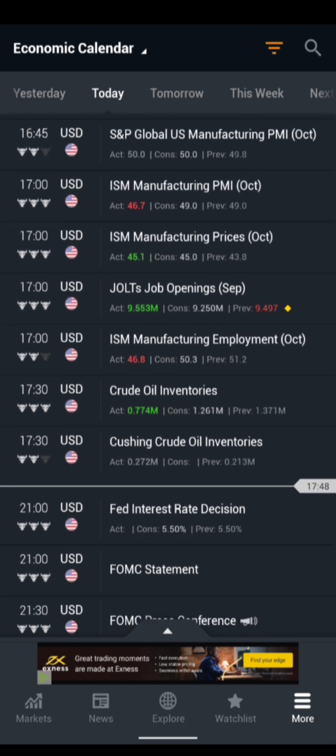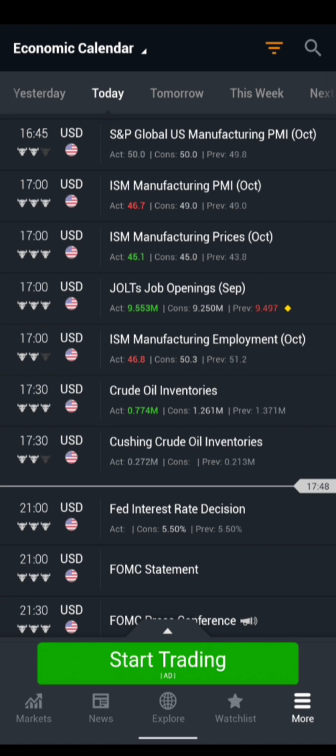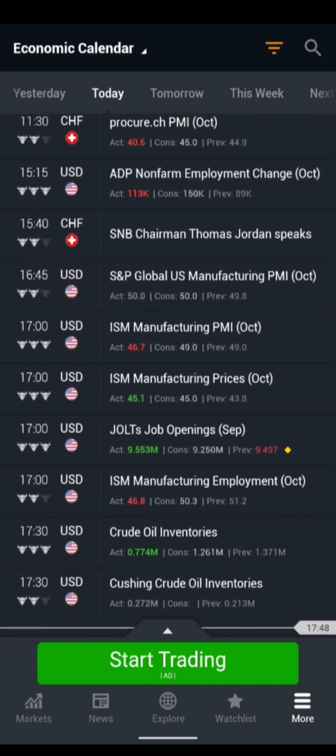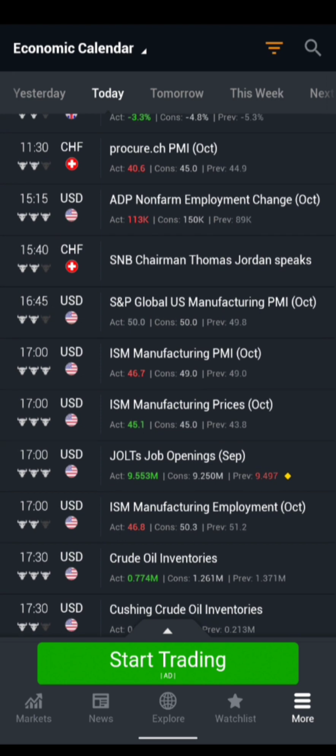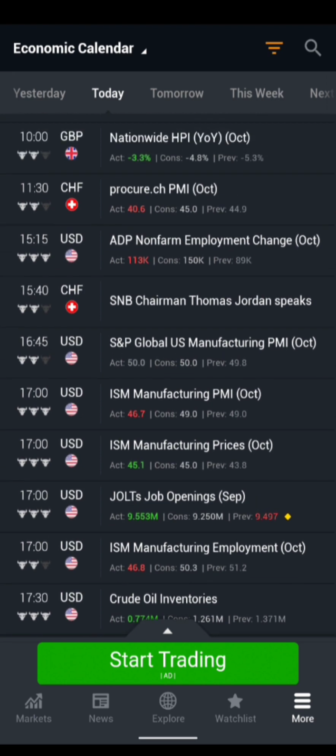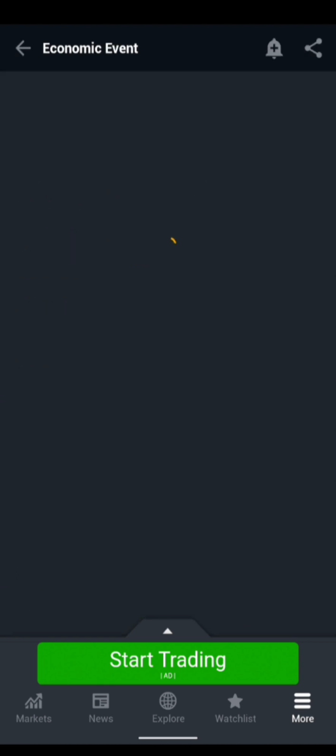So an example here is to give you context. Sorry, I'm using the word context too much. To just explain my point, to enlighten you more about economic events, let's say at 5 p.m. we had, let me use the ISM manufacturing PMI, this one.